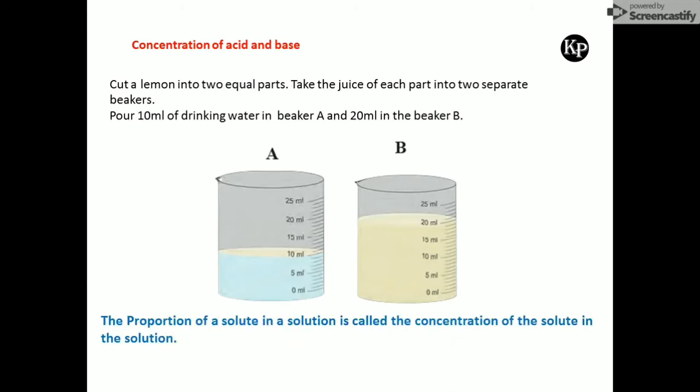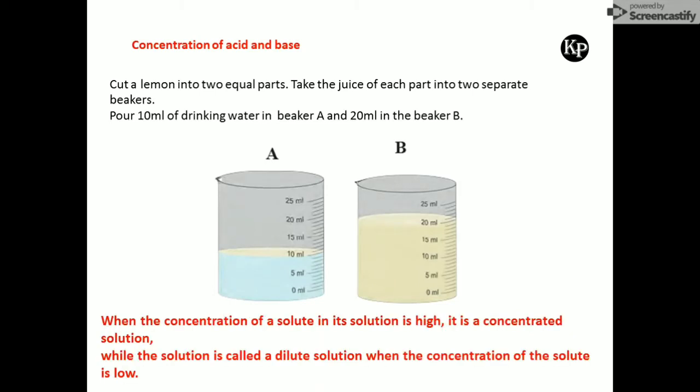Now, the proportion of solute in a solution is called concentration. What is concentration? The proportion of solute in the solution is called the concentration of solute in the solution. When the concentration of solute in its solution is high, it is a concentrated solution.